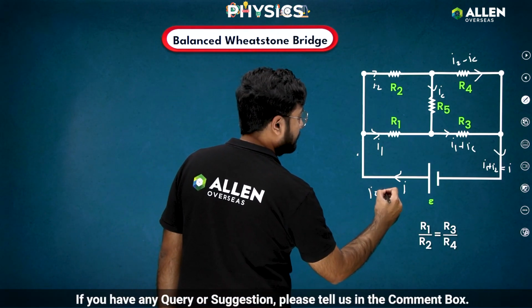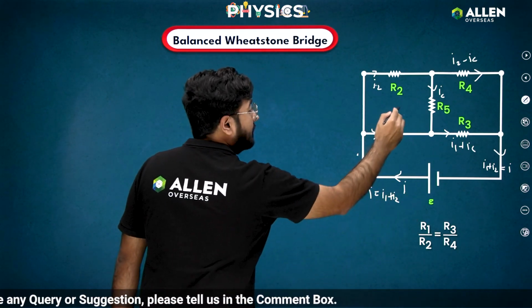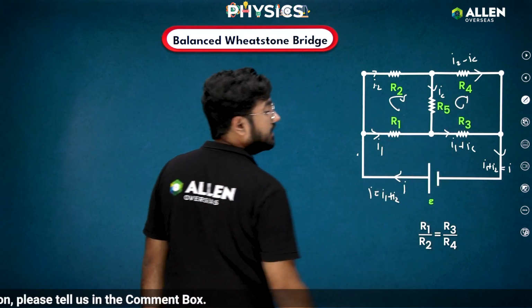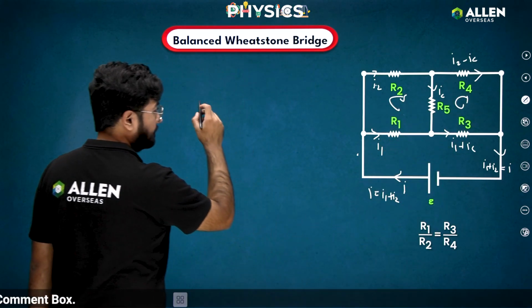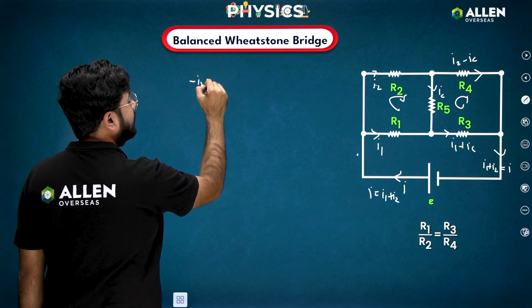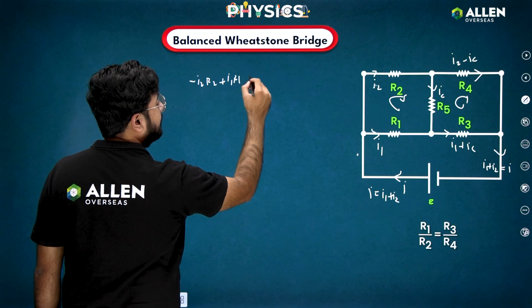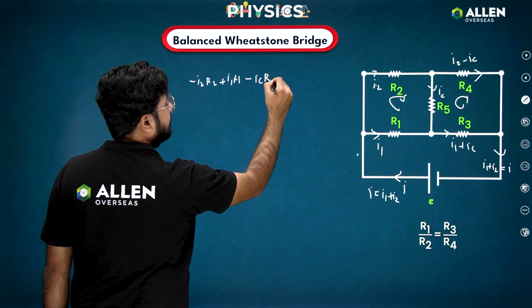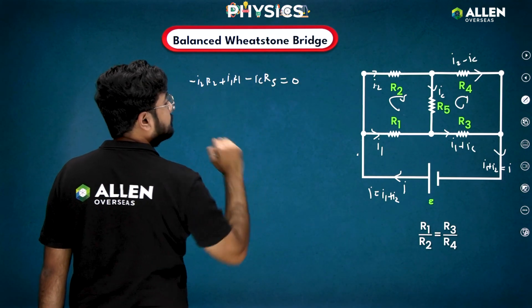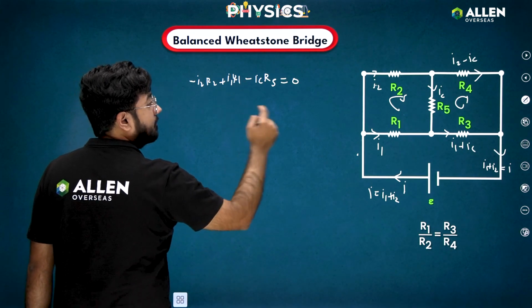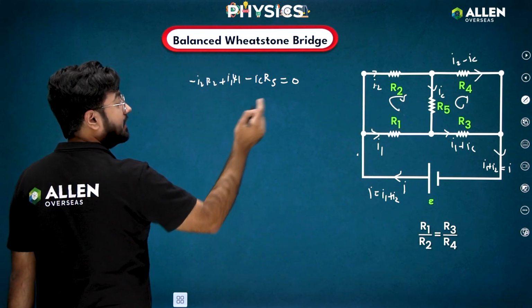Apply KVL from here. Minus I2 R2 plus I1 R1 minus IC R5, this thing must be equal to 0, for the first case. For the second case, again apply KVL.